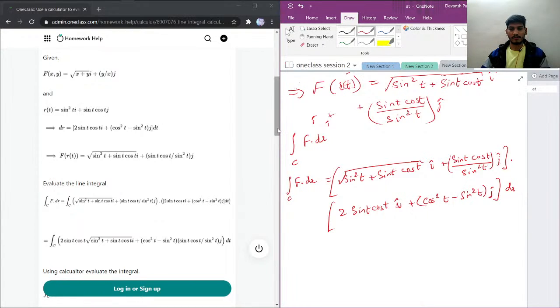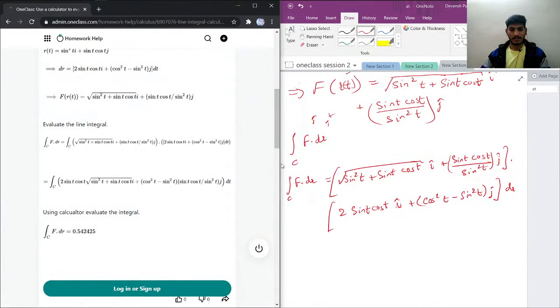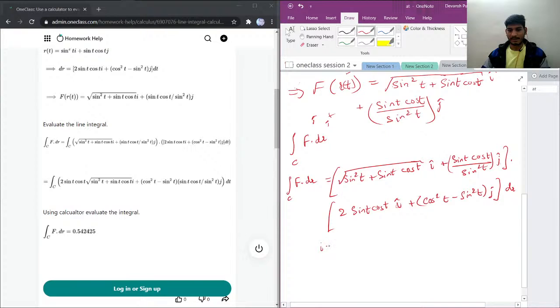Now we are going to take the dot product. So when we take the dot product, I dot I is 1, j dot j is 1, and I dot j is equal to j dot I, which is 0.